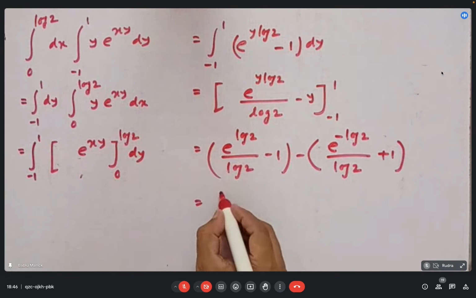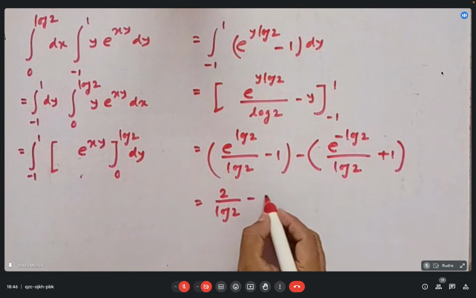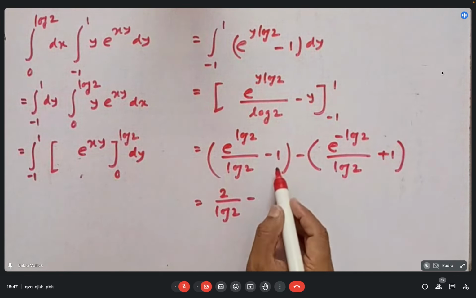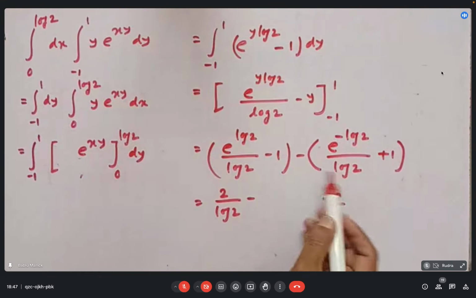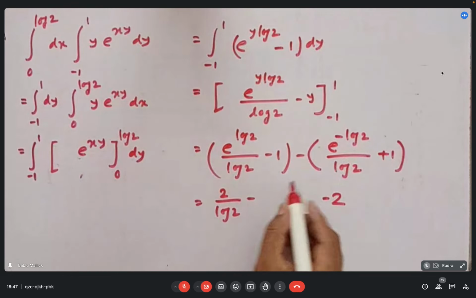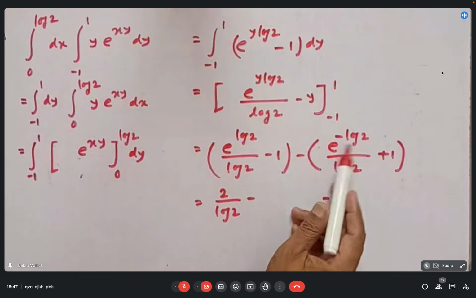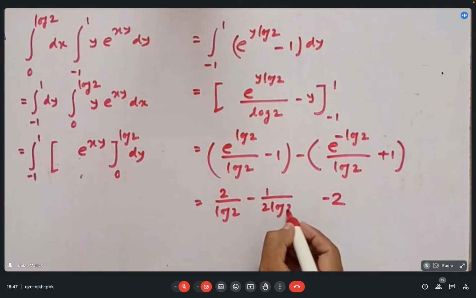e to the power log 2 means 2. So 2 by log 2 minus 2 here, and this will be minus of, it will be 2 to the power minus 1. So 1 by 2 into log of 2.